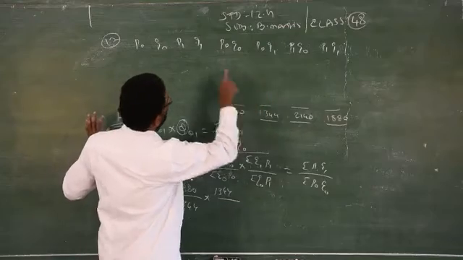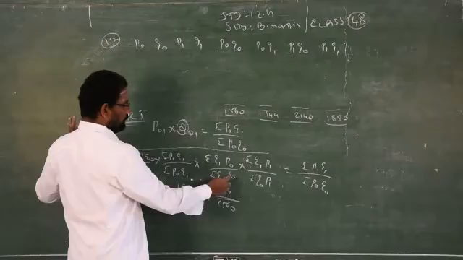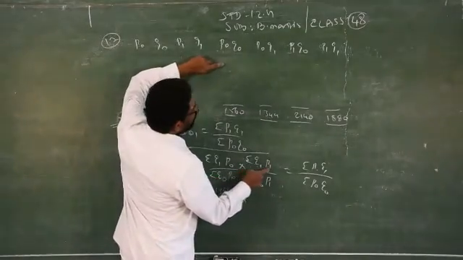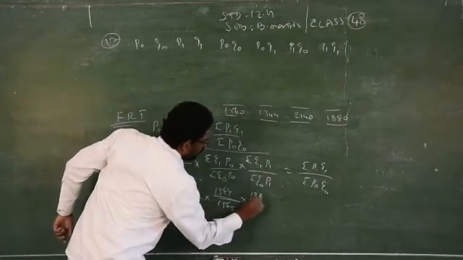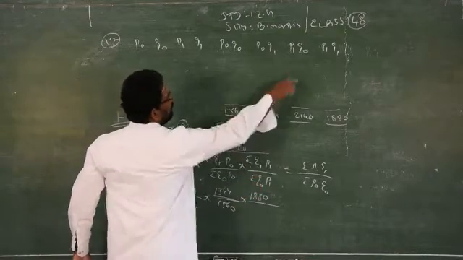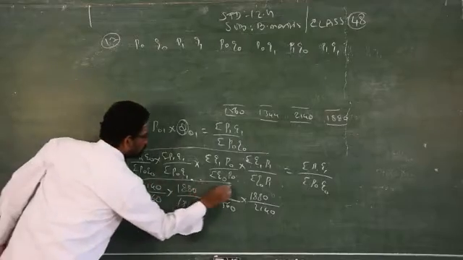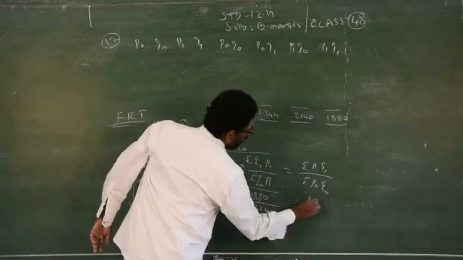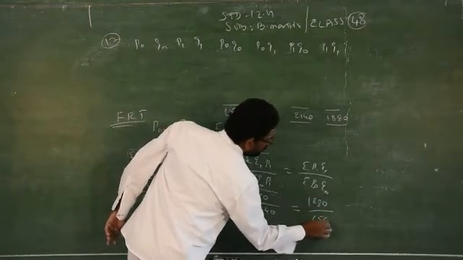Q0 P0 is nothing but P0 Q0, both are same. Under multiplication there is no problem of interchanging these two factors. So Q1 P1 will be similar to P1 Q1. That is 1880, then Q0 P1 is nothing but P1 Q0. Answer is 2140. Take square root. What is the answer for P1 Q1? 1880. P0 Q0 answer is 1560.